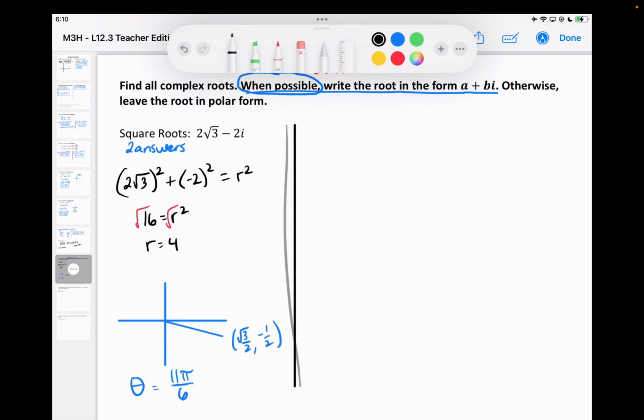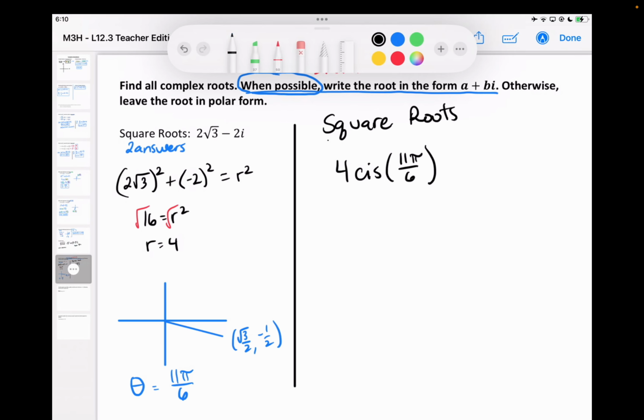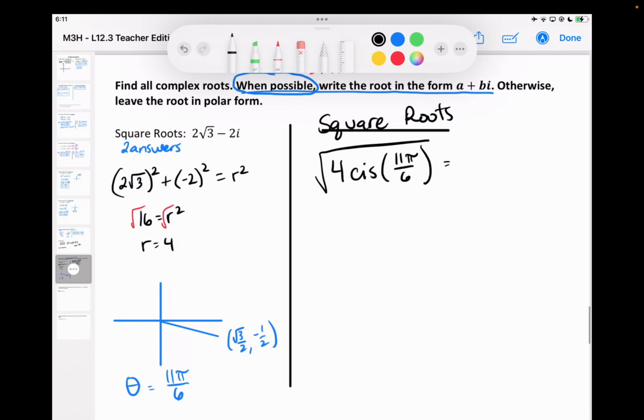So let's go ahead and write it in polar form. So we've got 4 as our radius. I'm going to do shorthand, and then 11 pi over 6. Now remember, we're finding the square roots. So let's go through that process. I'll do the square root of all that. Square root of 4 is 2.